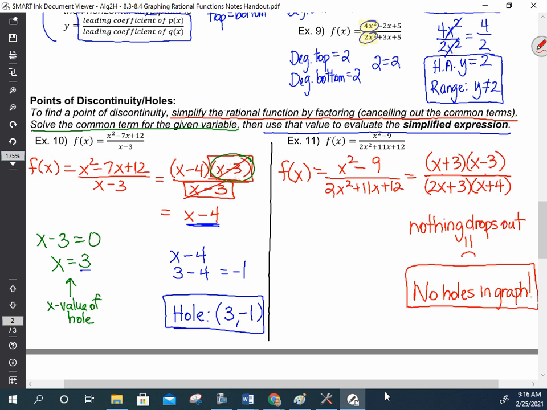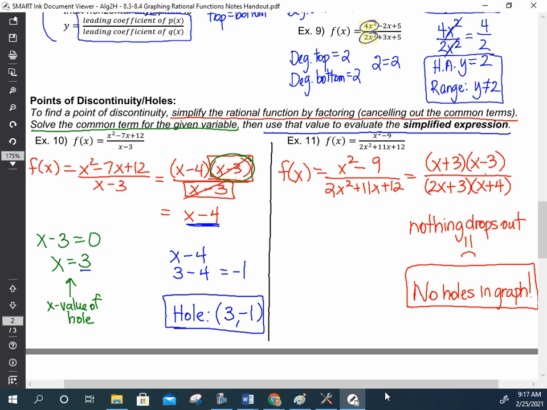It is perfectly fine to have no holes in the graph. It is perfectly fine for that to happen. So when you're doing this on your homework, on your test next week, whatever the case may be, if you don't have any holes, don't think that you did the problem wrong. It'll be that way sometimes.